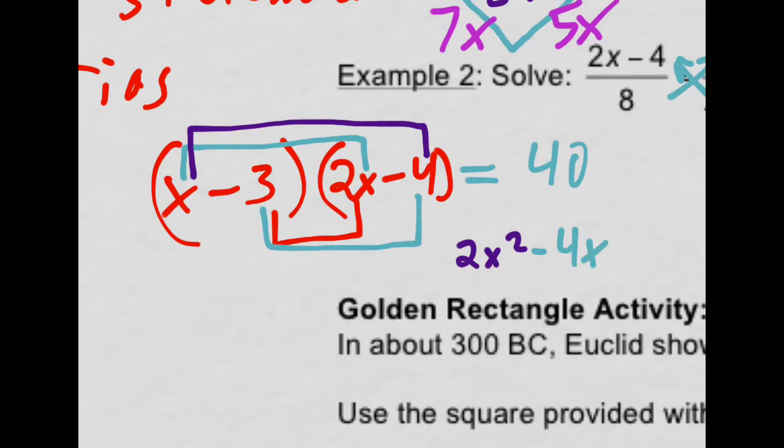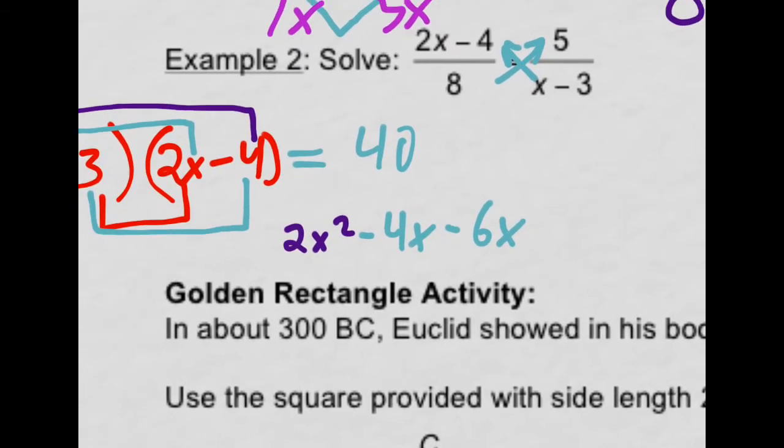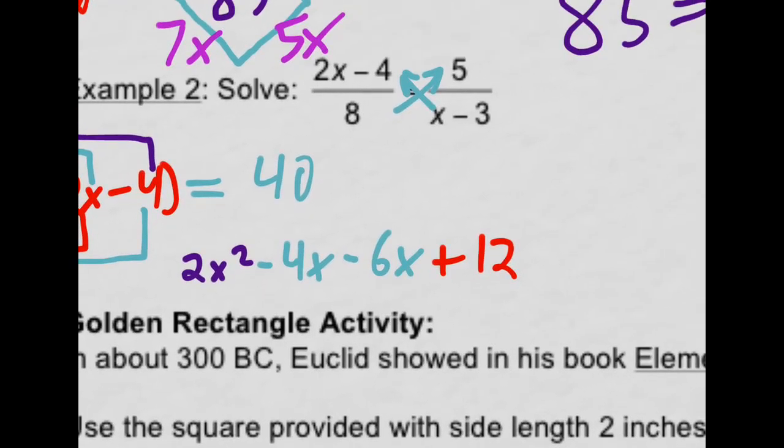The inner multiplied times each other are negative 6x. And then the last is positive 12. And then of course I'm going to combine my like terms here. So negative 4x and negative 6x gives me negative 10x. 2x squared minus 10x plus 12.